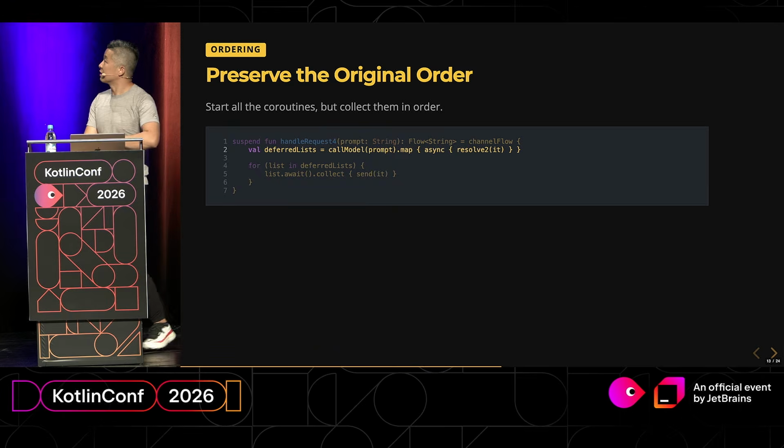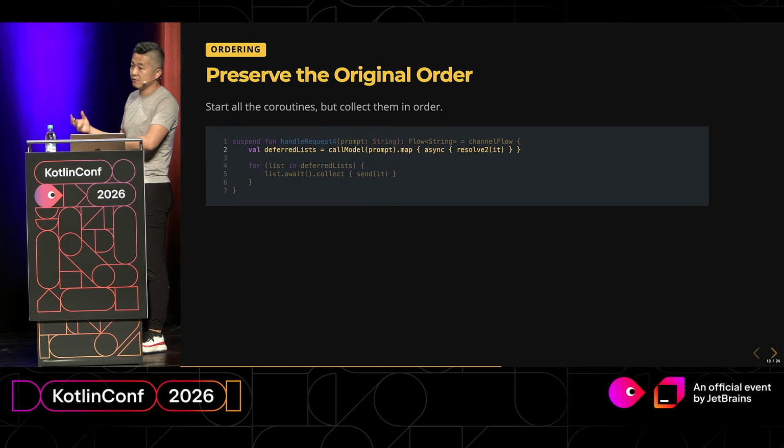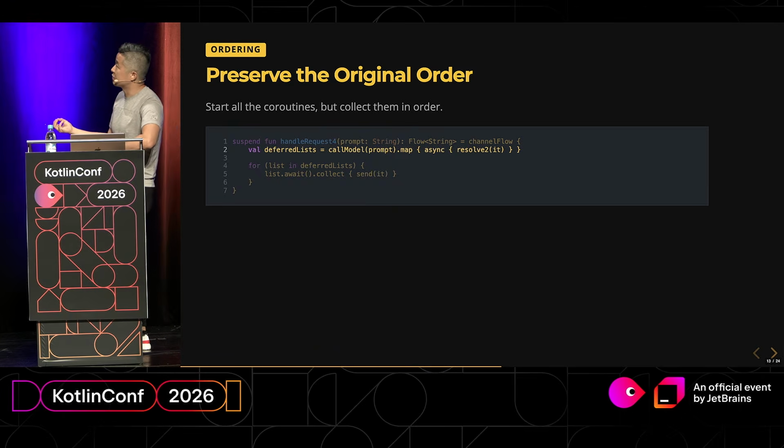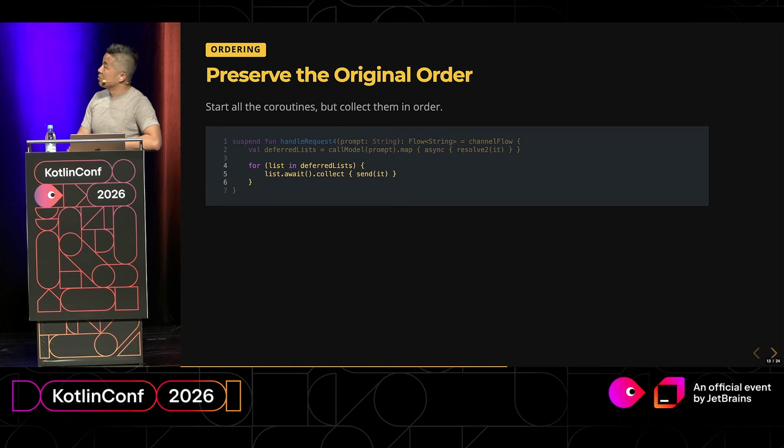The key point here is that instead of emitting the result from the tool call as soon as possible, we first start a whole bunch of tool call coroutines and collect them into a deferred list. Then we go through the deferred list in its original order, collect them one by one, and send the results after the results become available.